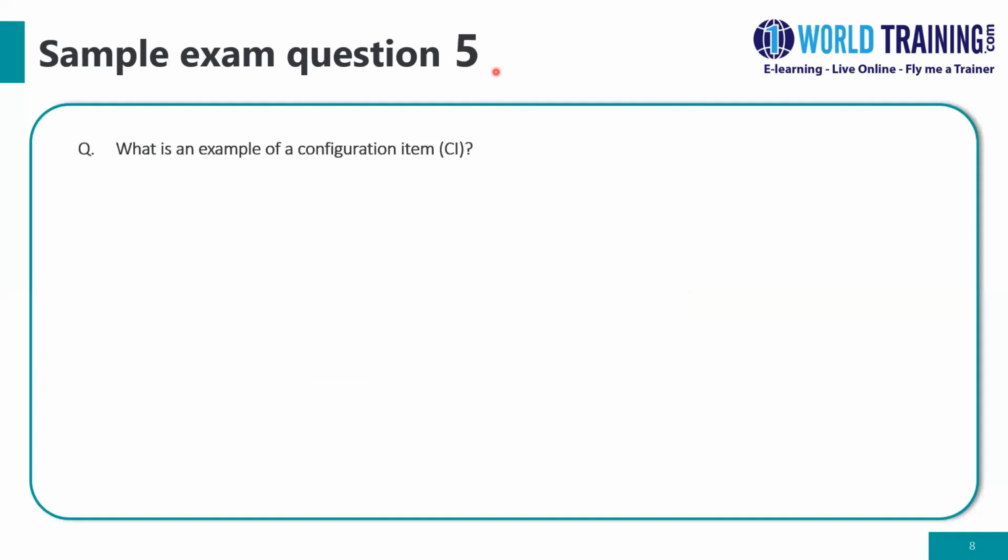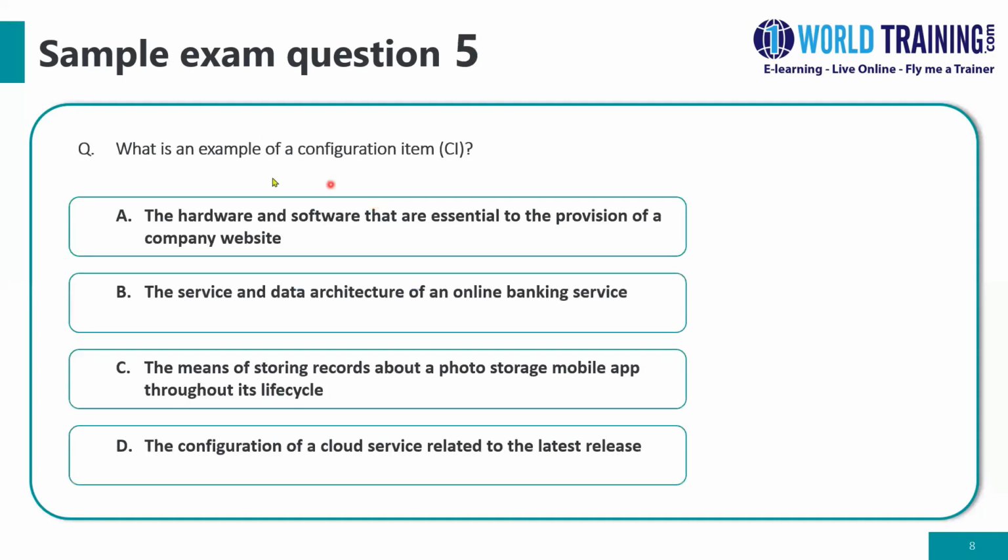Question number 5. Next one. What is an example of a configuration item? A, the hardware and software that are essential to the provision of a company website. B, the service and data architecture of an online banking service. C, the means of storing records about a photo storage mobile app throughout its life cycle. Or D, the configuration of a cloud service related to the latest release.